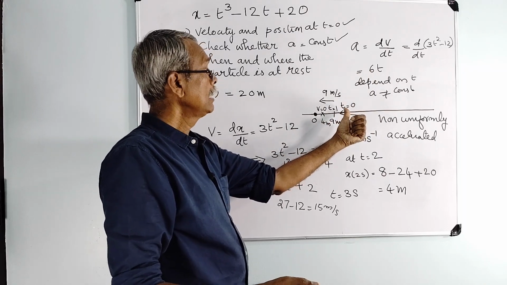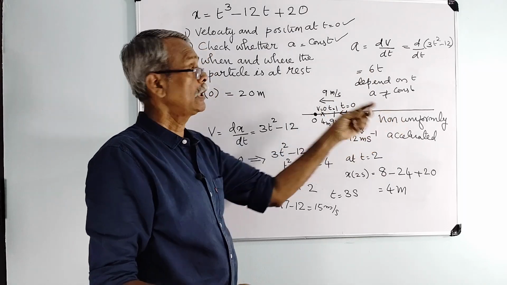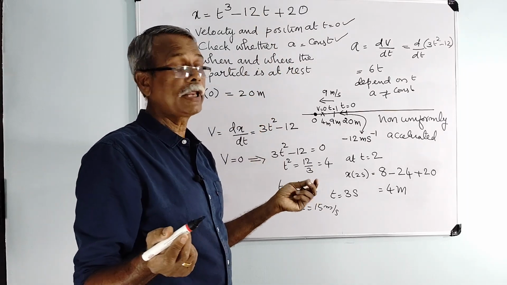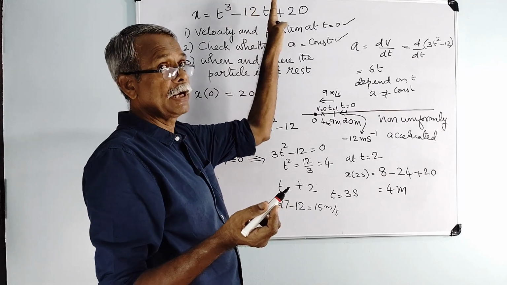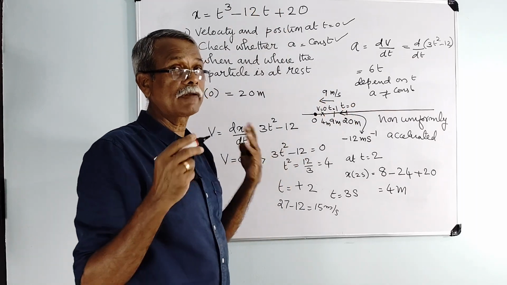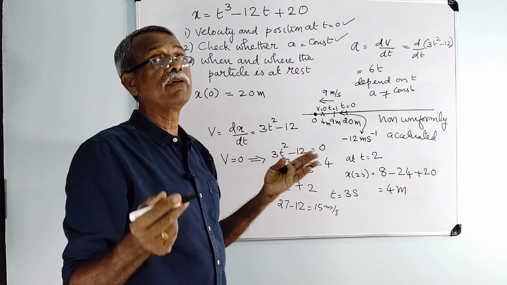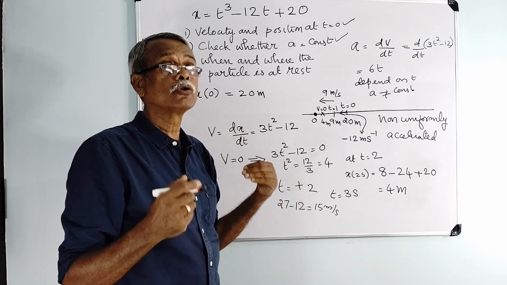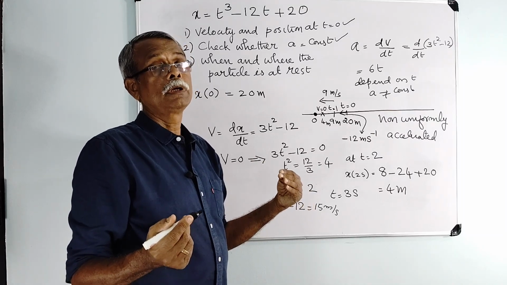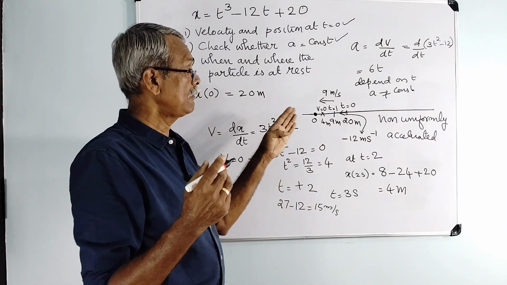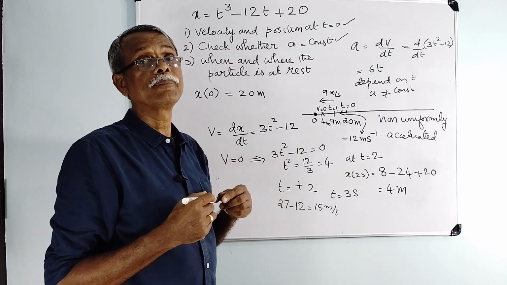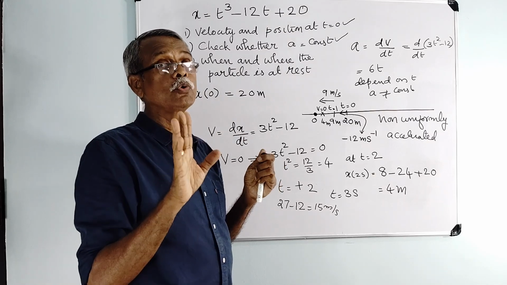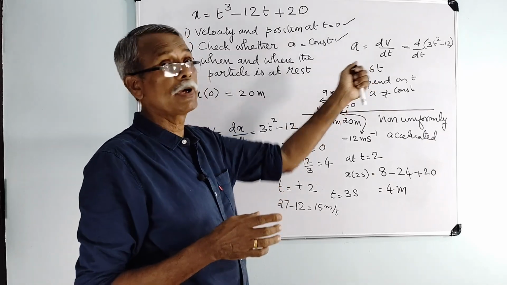Therefore, in this situation the particle is not moving unidirectionally. In this question, you don't need to calculate the average speed and velocity. But if you are asked to calculate them, the average speed and average velocity will be different. The total distance traveled and total displacement also will be different. What you have to do in such situations, we will see in subsequent questions. Also remember that the (V(t1) plus V(t2)) divided by 2 formula cannot be used in this situation.